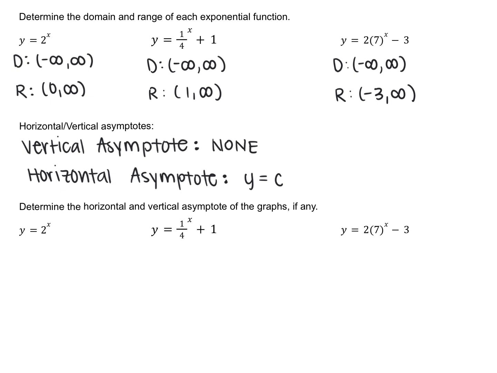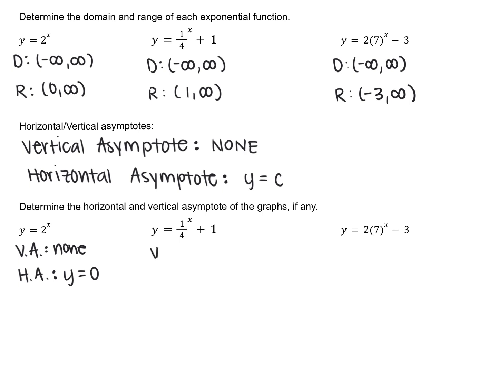So our same examples from above, we are going to now identify vertical and horizontal asymptotes. So for y equals 2 to the x, my vertical asymptote is none. My horizontal asymptote, I do have to write as y equals. It is a horizontal line, so you must have y equals, and then it would be 0. It is never none for a horizontal asymptote.